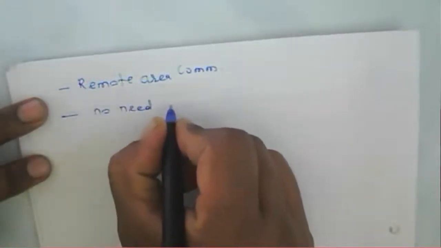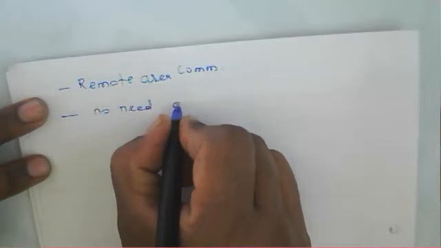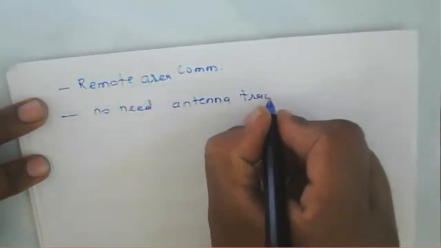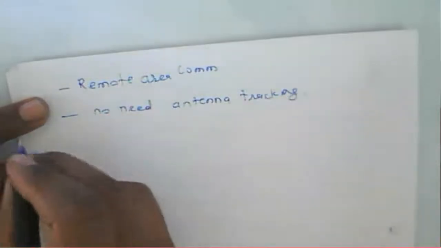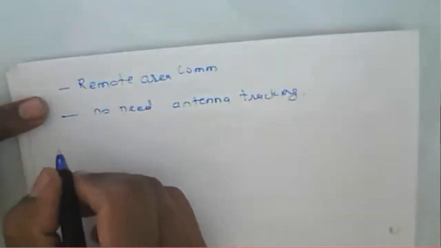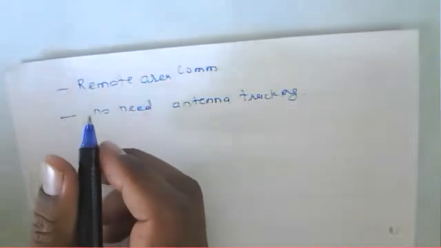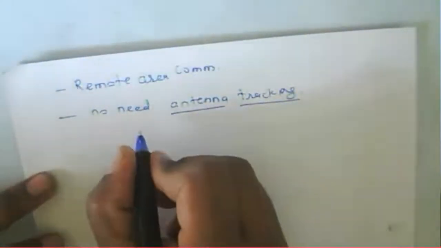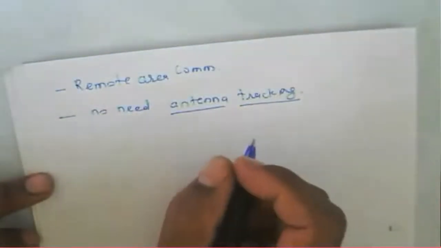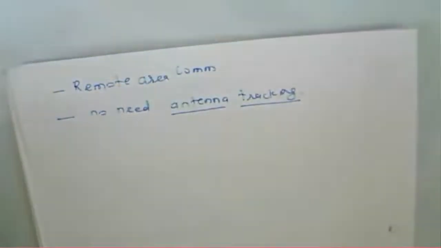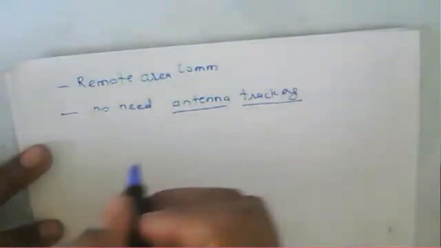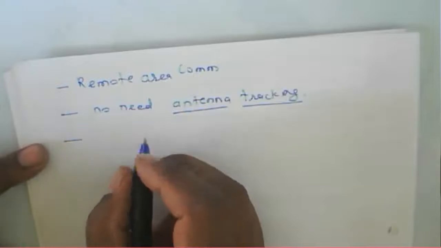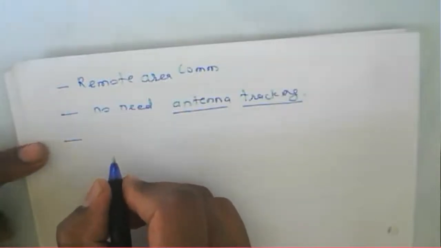So there is no need for antenna tracking at the ground station. Because of no need for antenna tracking, the cost of the earth station is reduced.